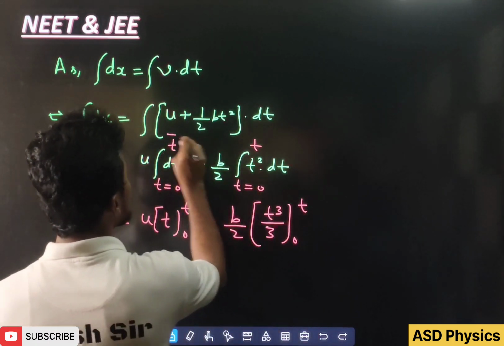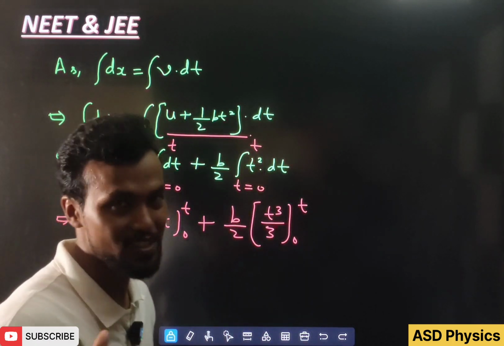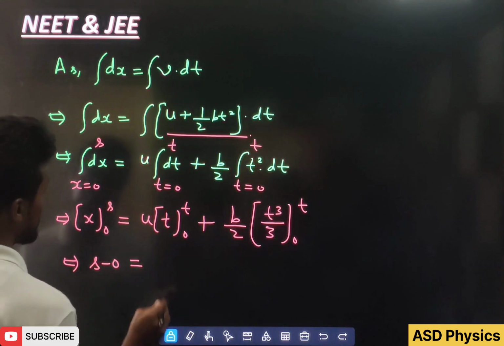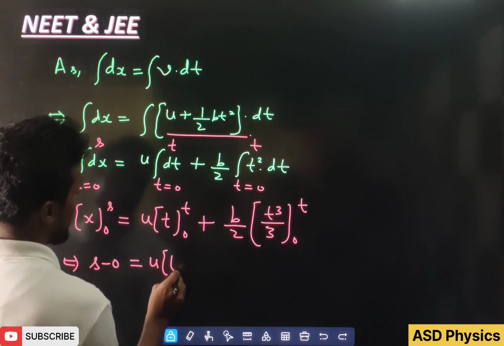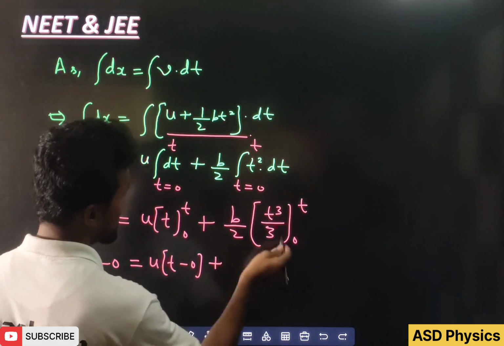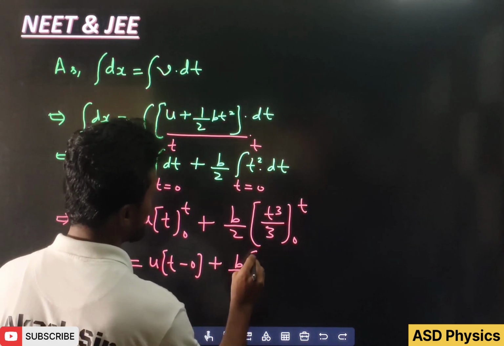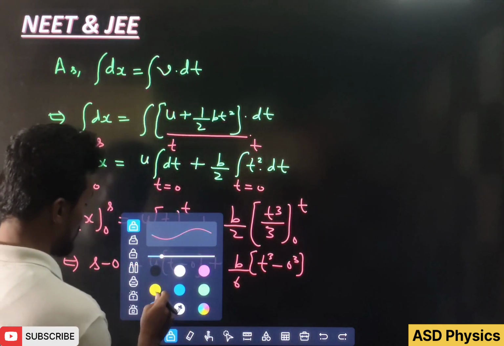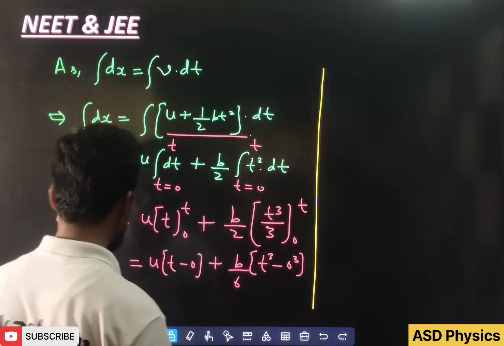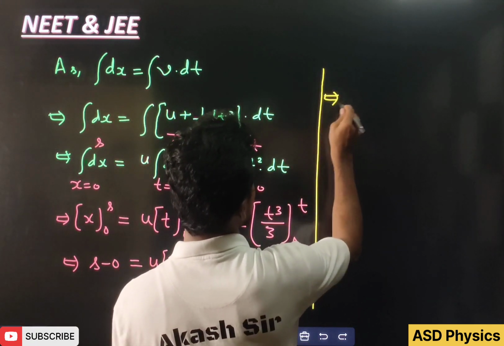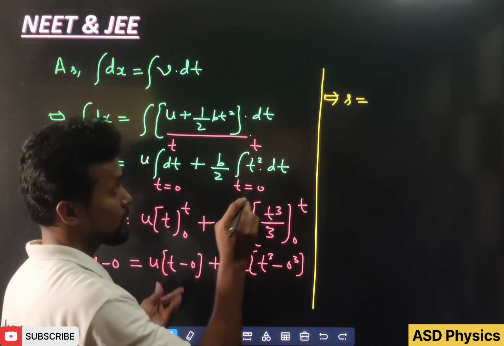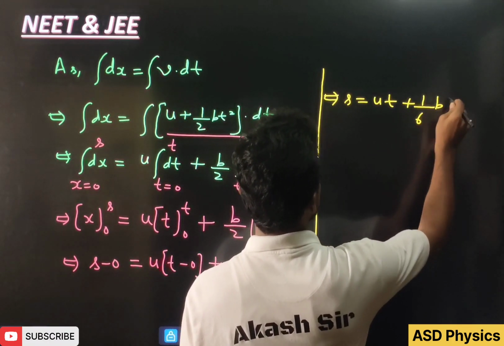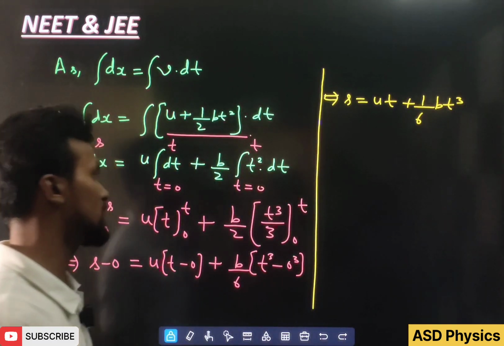Because we have to put this v value, otherwise we can't use the second equation of motion. So s minus 0 is equal to u times upper limit minus lower limit plus, 3 will come outside, b by 6 times t cube minus 0 cube. After we simplify this, it will become s equal to ut plus 1 by 6 bt cube.